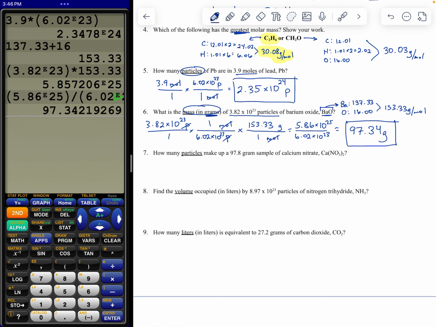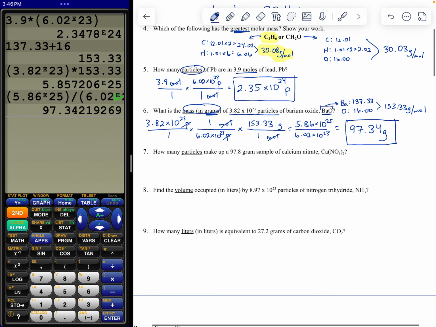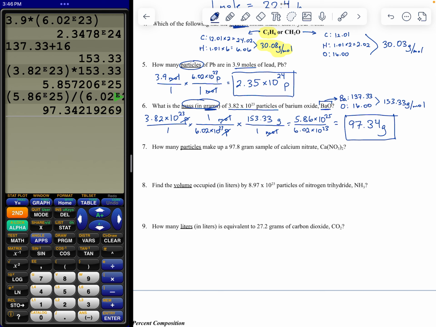All right. So in this next problem, we're starting with grams this time, right? You're always looking to see what you have a number value for on top of the unit itself. And so we see we have grams to start, particles here.